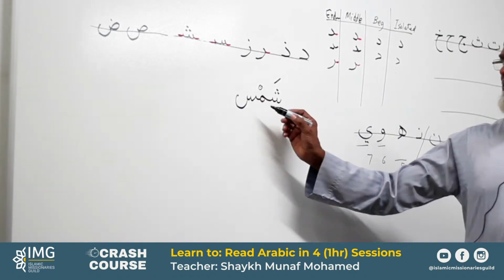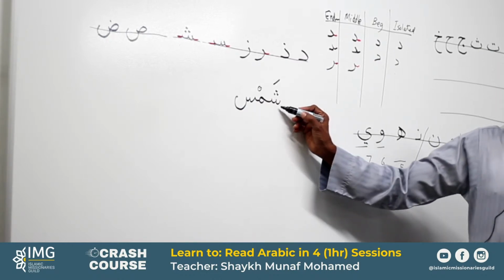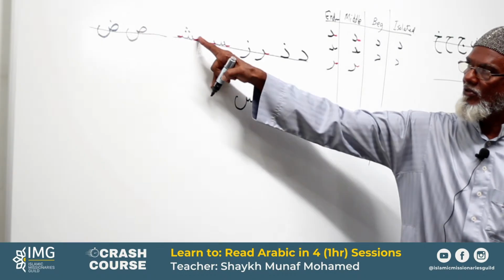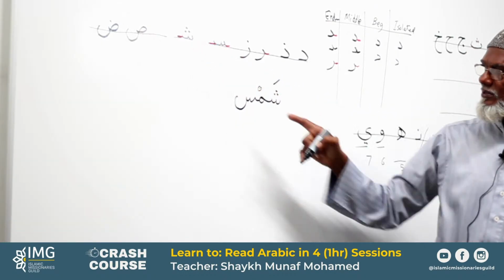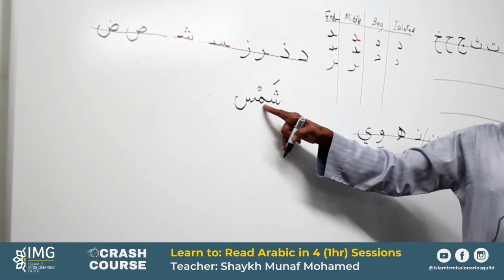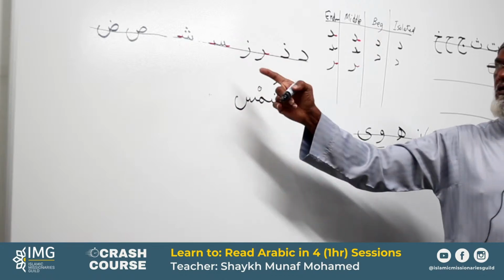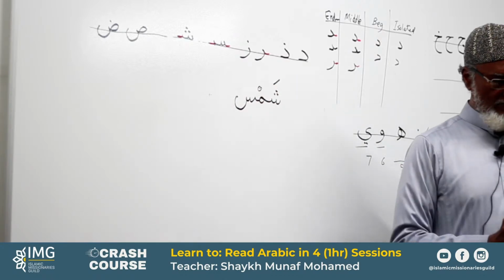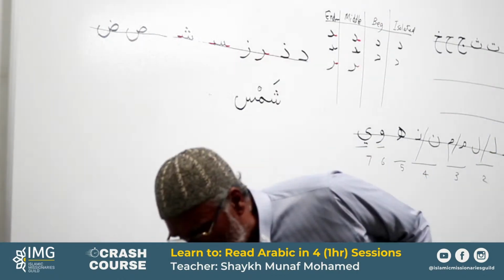So you notice in the beginning, it's like this. The beginning of the word is like this, as there's no letter before it. And then the meem. And then the seen. Nothing coming after the seen, so it comes back to its original form. Yes. We're moving on now to the letters sod and dod.